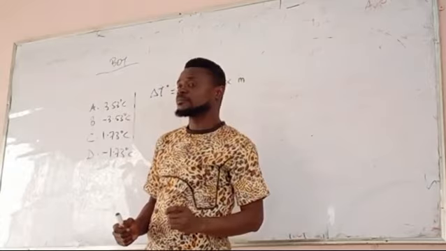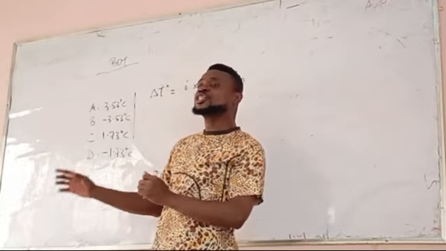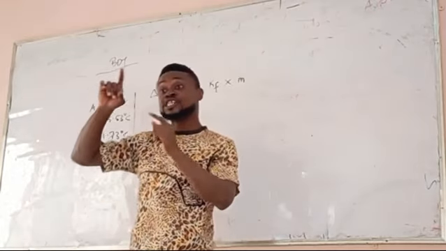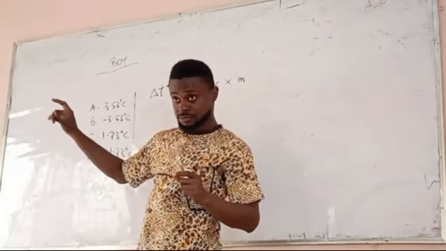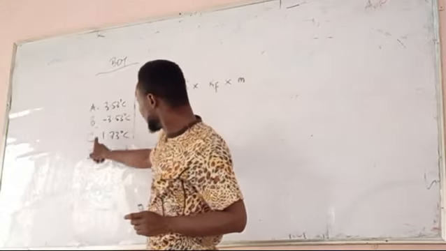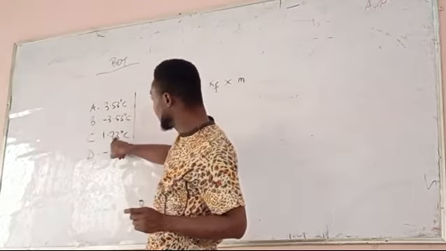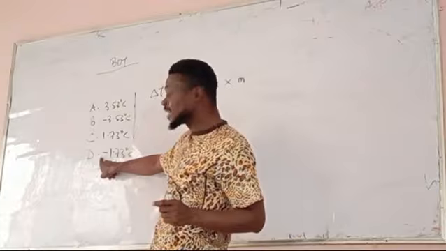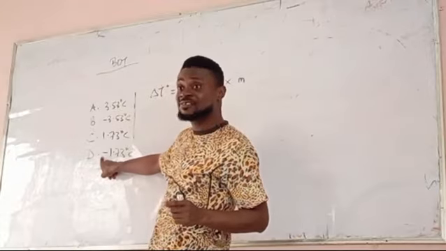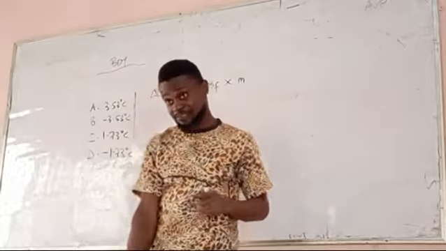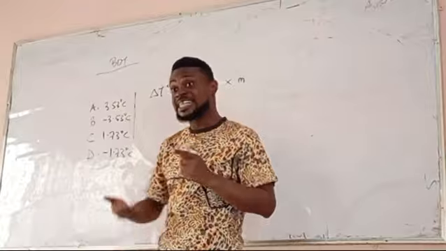The new freezing point is the freezing point of the solution. It will give you a negative value. The freezing point and the freezing point depression are the same thing, but the freezing point is the negative value.